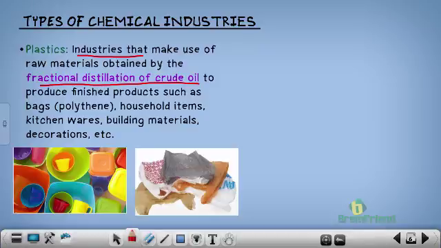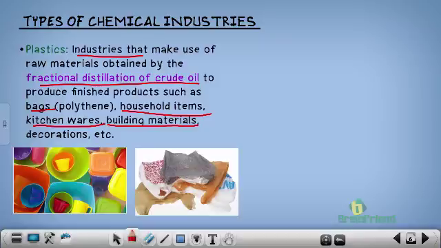Some of the products made by this industry are bags, such as our polythene bags we use for shopping, household items, such as our air conditioners, pressing iron, electric kettles, kitchenwares, such as our plastic plates, cups, and spoons, building materials.